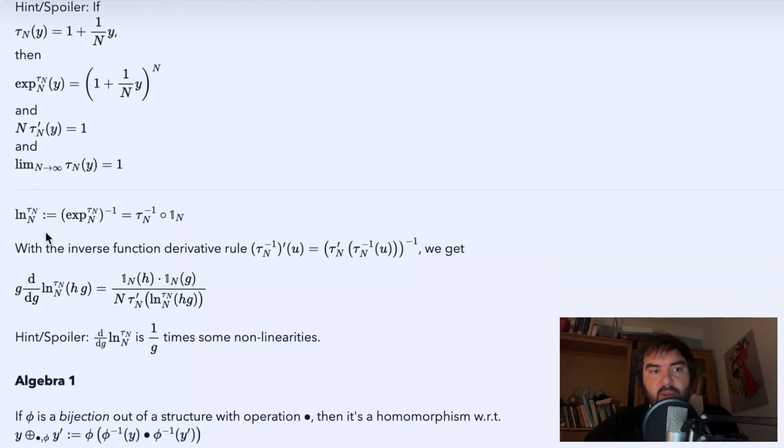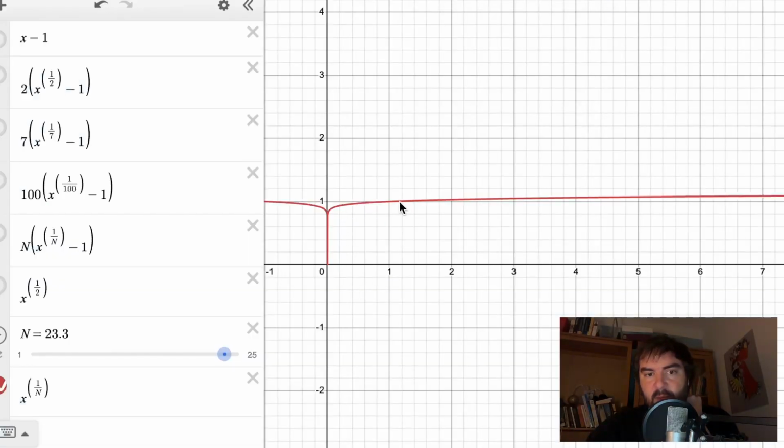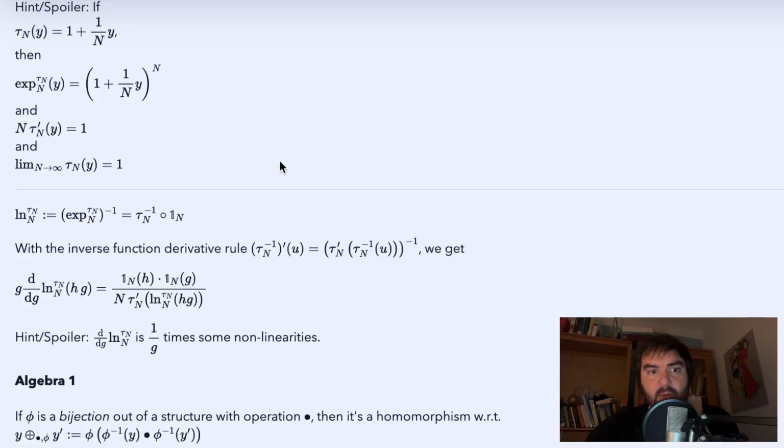And so the logarithm is really just the inverse of the tau map, which is simple, apart from some non-linearities that make our one function different from the actual constant function 1. And I remind you, the one function is basically a very high root, which is approximately 1.